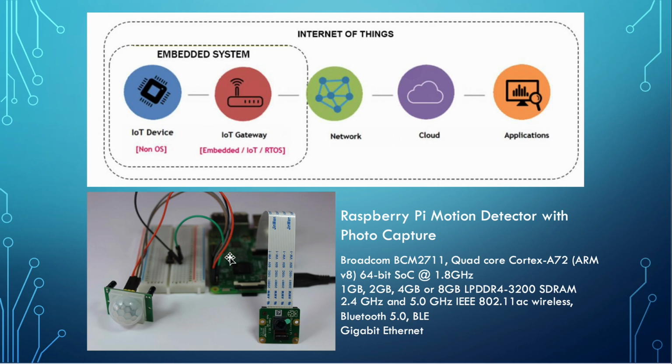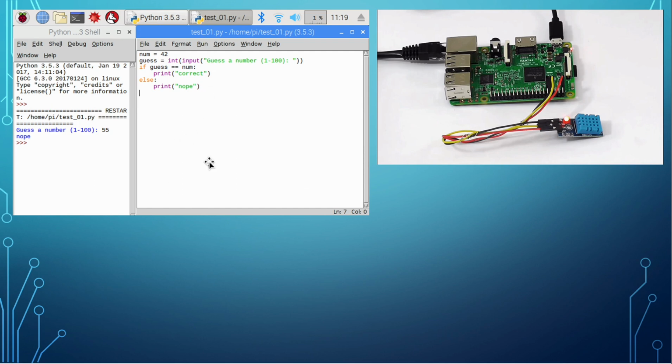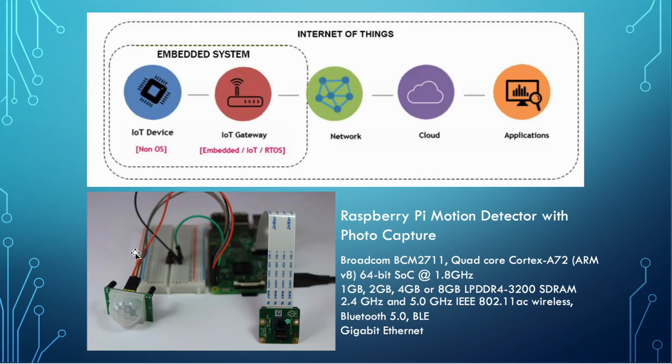From that, when the values are given, under the parameters, we have to write the program here, right? When the motion is detected, a signal will be sent to the camera to capture a photo. So that would be the IoT device, that would be the project.